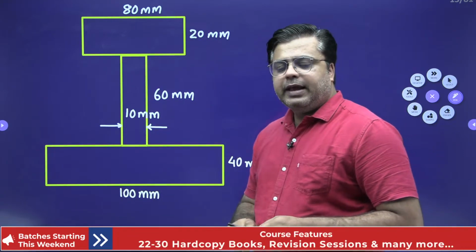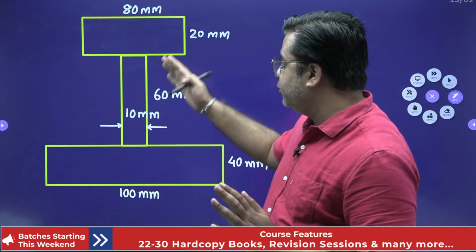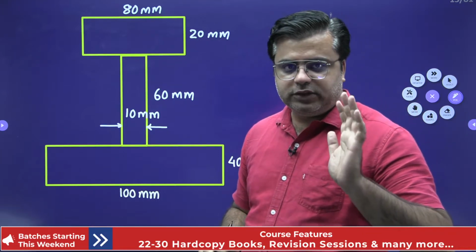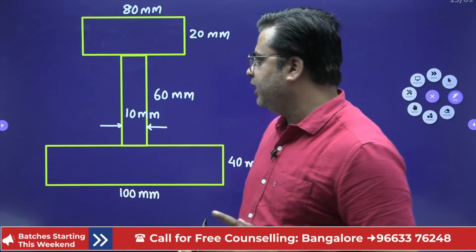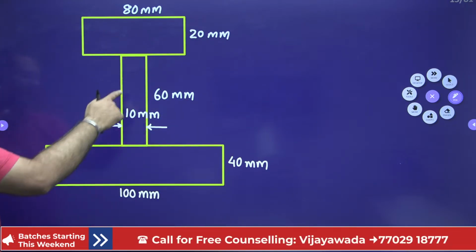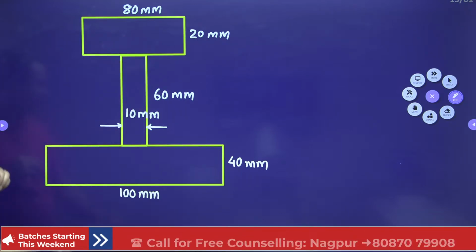Anytime you need to find the position of the neutral axis, you need to take the weighted average. Now, how to get the weighted average? First of all, in this cross section, you can see three rectangles: first the top rectangle, then this rectangle, then this rectangle.